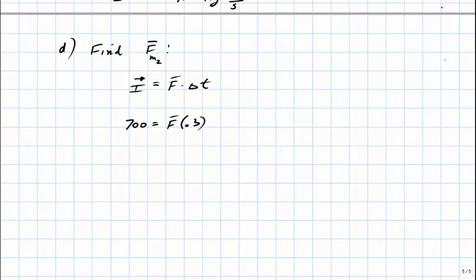And now if we divide both sides by 0.3, the average force simply equals 2,333 newtons.